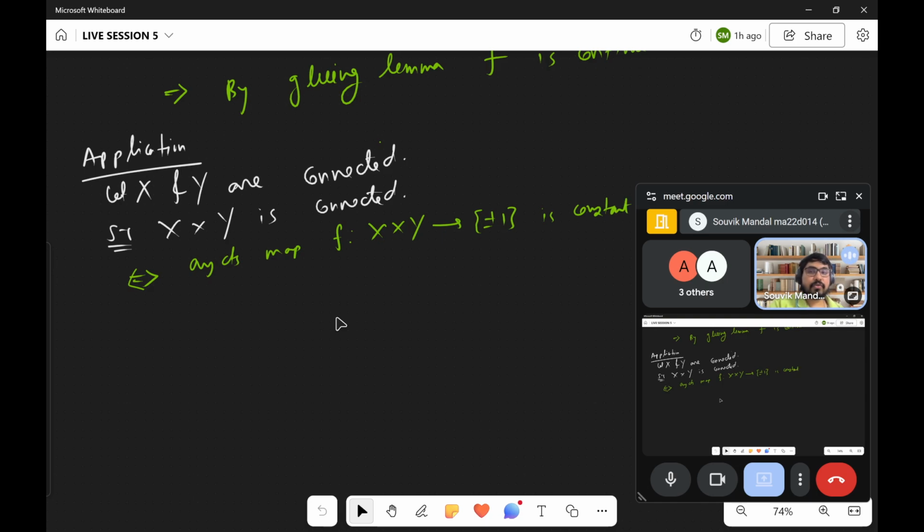That's what we need to show. Now please try to use the previous theorem and the connectedness of X and Y to show this. Take your time and let me know. It is very easy, there is nothing complicated to think about.